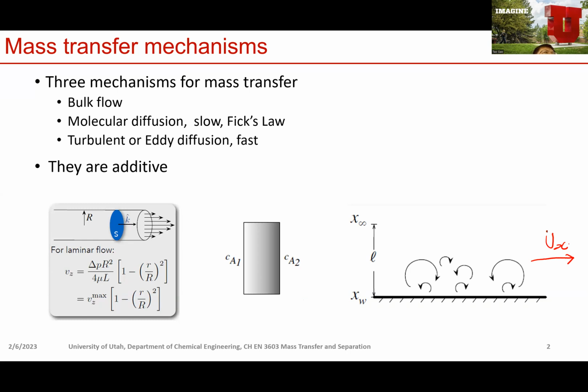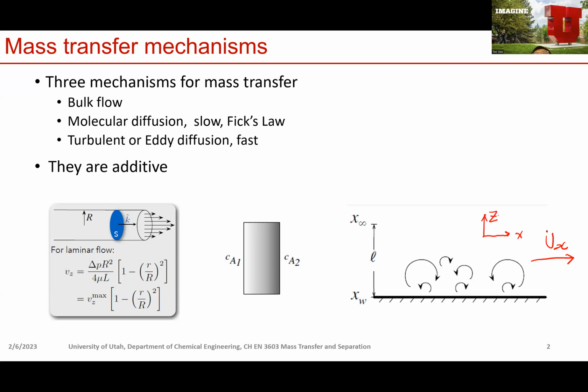That's the mass transfer due to bulk flow. Meanwhile, in the direction perpendicular to the wall, with x as this direction and z as the perpendicular one, the wall is impenetrable, so there's no normal direction velocity even though you have eddies.